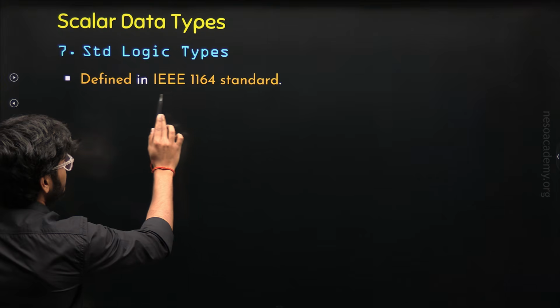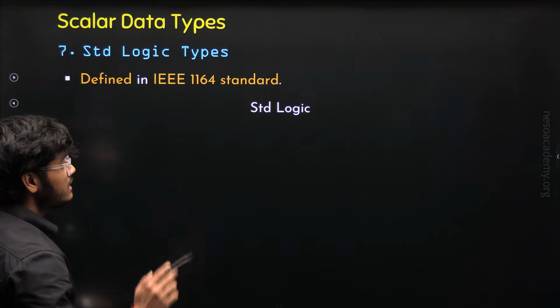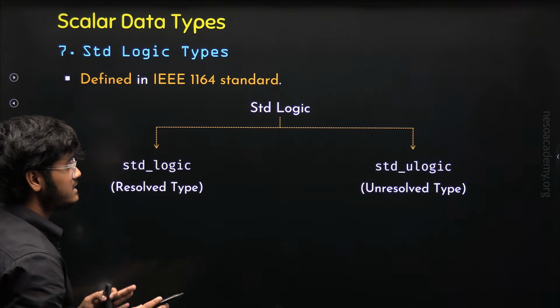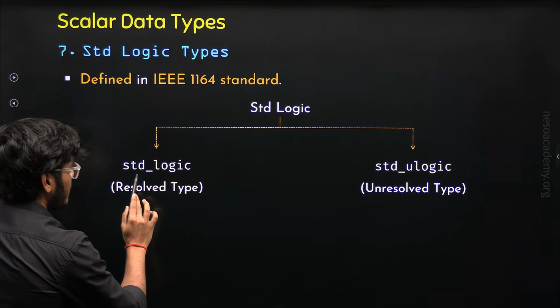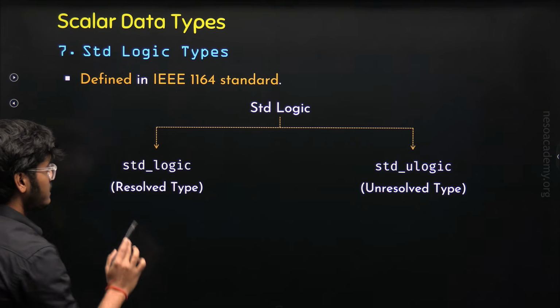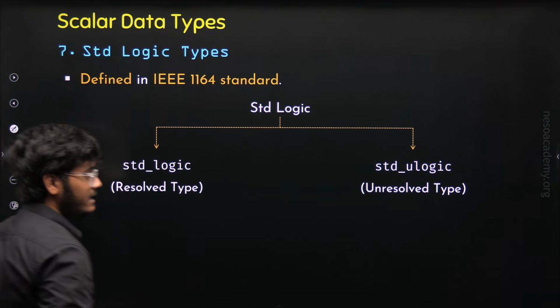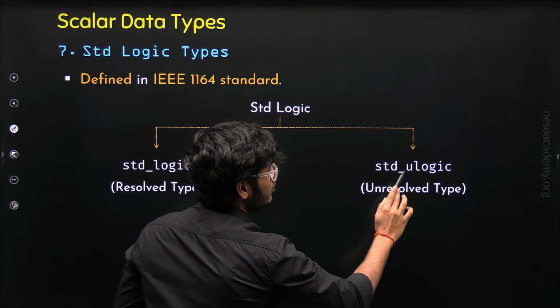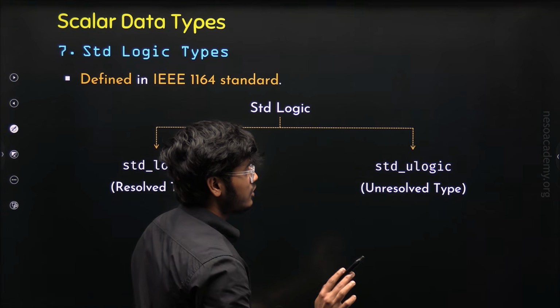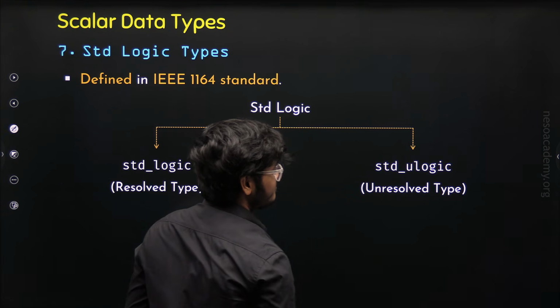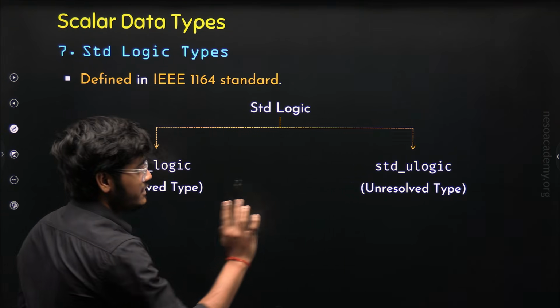And in the IEEE 1164 standard, standard logic is mainly classified into std_logic, which is a resolved type, and std_ulogic, which is of an unresolved type. Let's understand each of them.